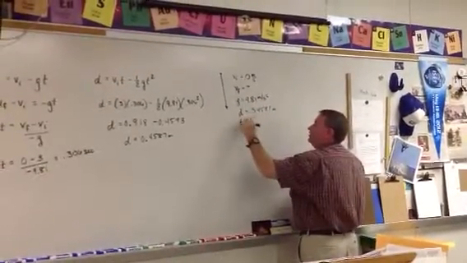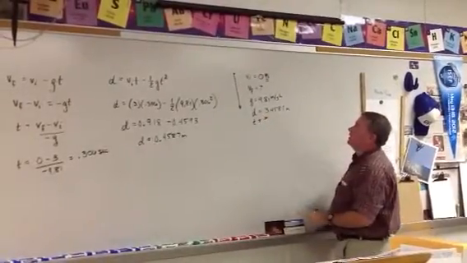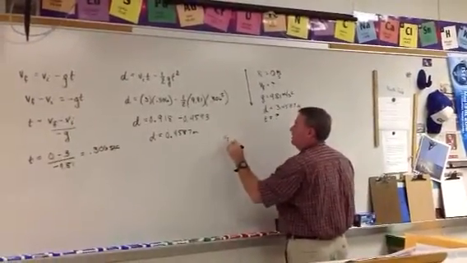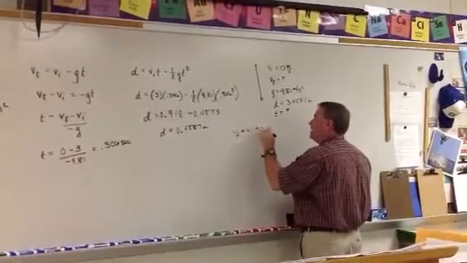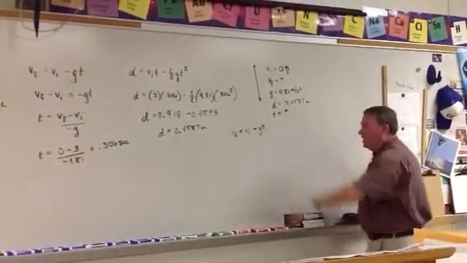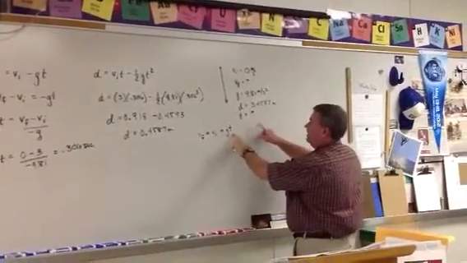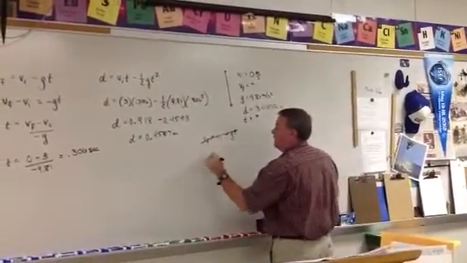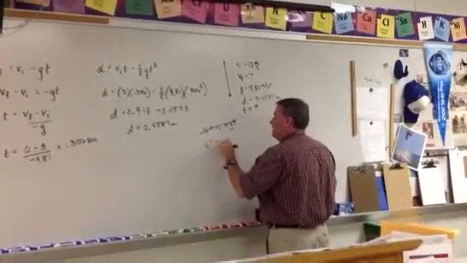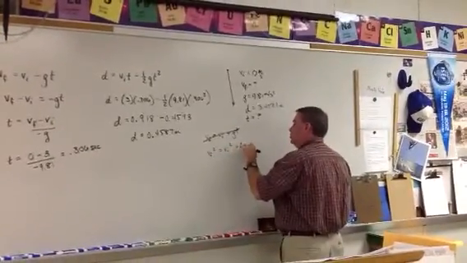We know 3 things. We do not know time. Start with equation 1, Vf is equal to Vi plus gt, because you're going with gravity now. We don't know Vf and we don't know time, so we cannot use the first equation. Go to Vf squared equals Vi squared plus 2gd.